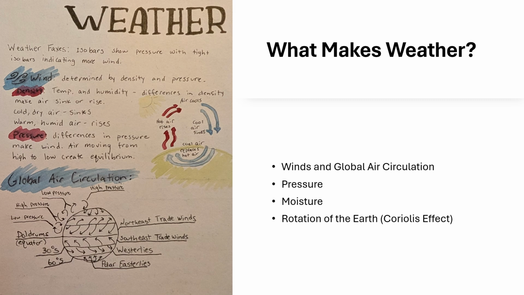So that's the very, very basics of the Coriolis effect. But all you really need to know is that hot air rises, cool air sinks, and this creates the pressure systems and the wind.